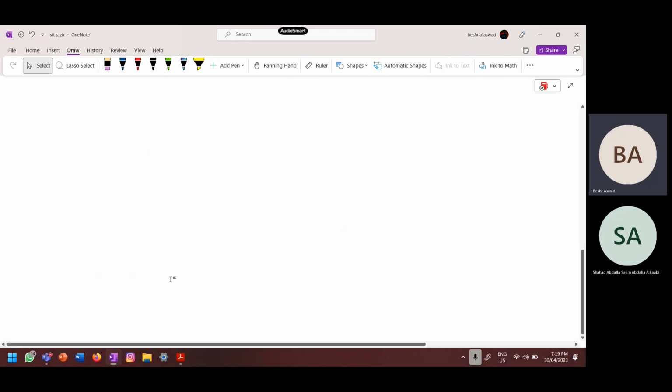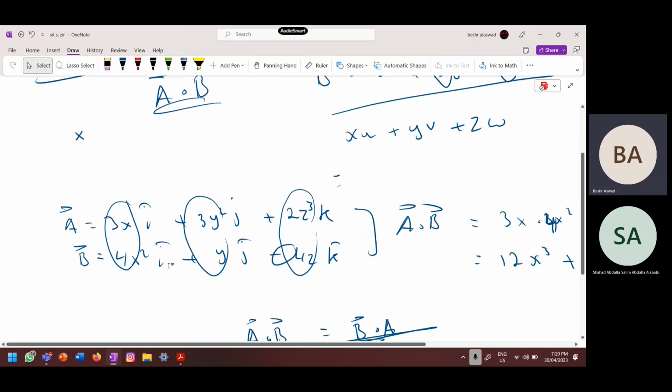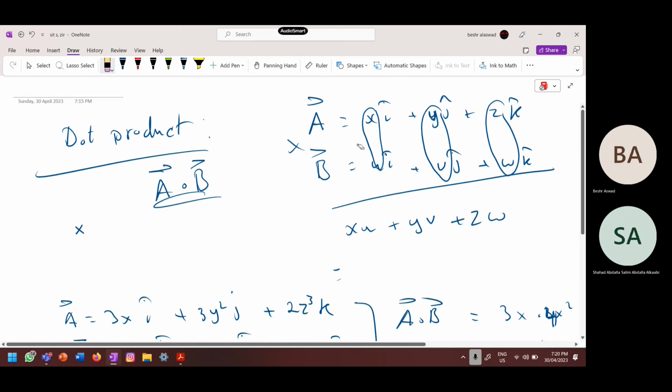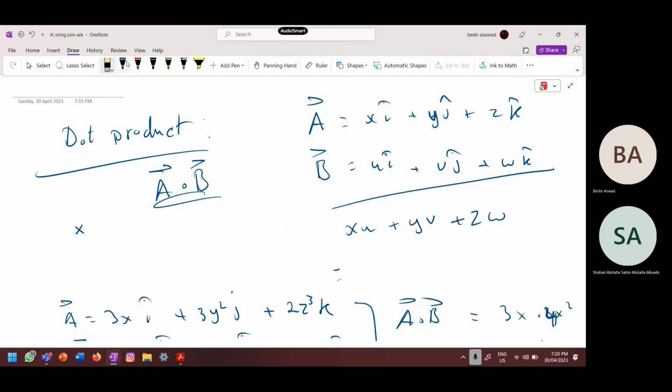As for cross product, let's go with the same functions that I got earlier.